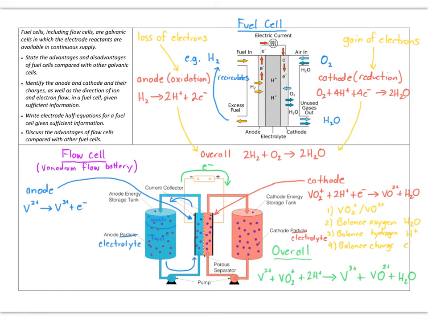Forgetting the electrons for the moment, we have a 1 plus 2 pluses, so we have 3 plus here, 2 plus here. To get 3 plus down to 2 plus, we've added that electron there. So that's from last year. That's just a reminder of that half equation method that you have to be able to do for these half equations given the redox couple, which is just sufficient information.